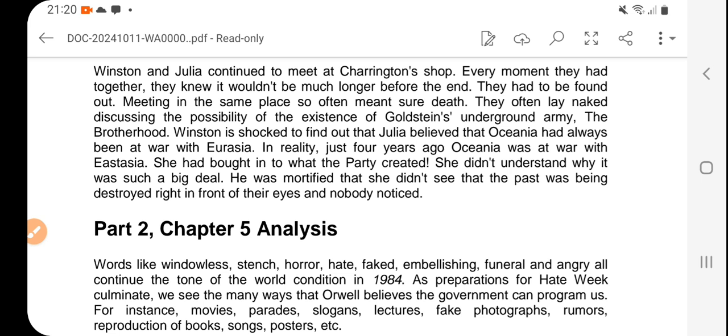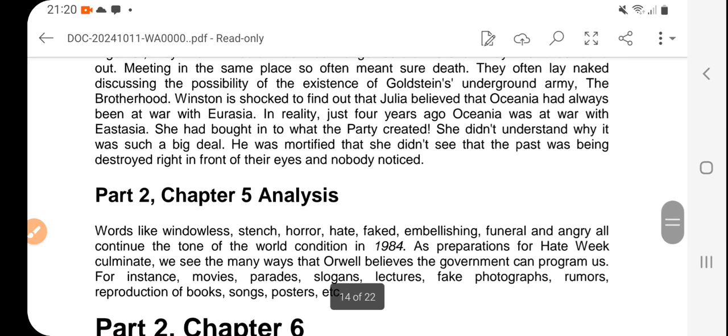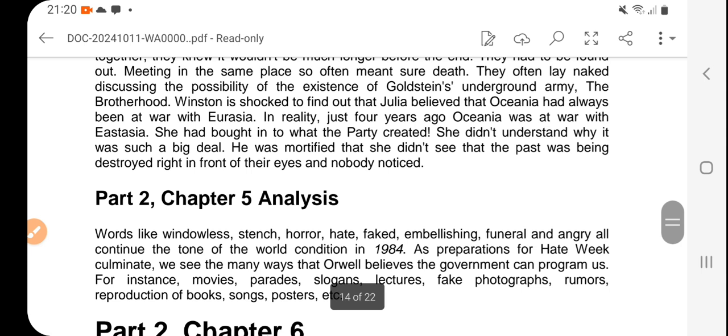Now, they often lay naked, discussing the possibility of the existence of Goldstein's underground army, the Brotherhood.